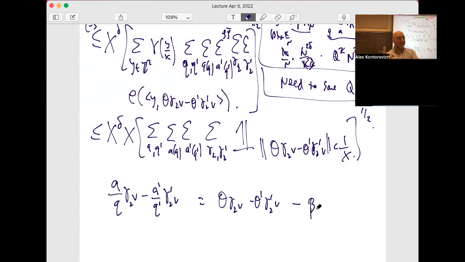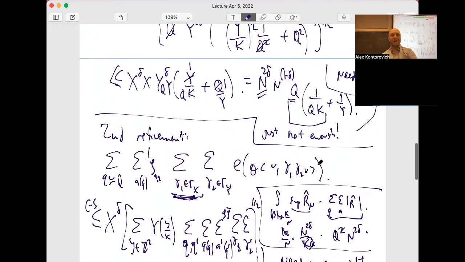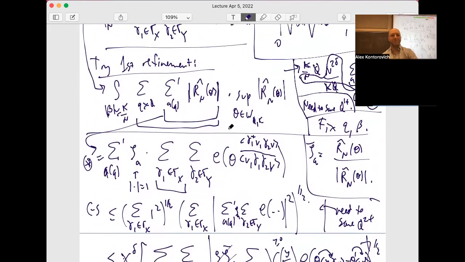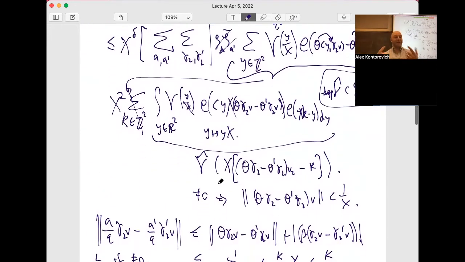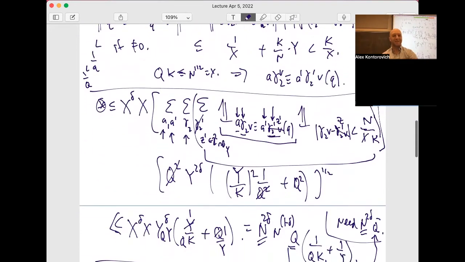Now the betas are the same. Gamma 2 minus gamma 2 prime V. We chose them? Yes, I chose to do the refinement to fix beta and try to get cancellation in the modular part, because that's where I have problems. Right, yeah, okay. I see.